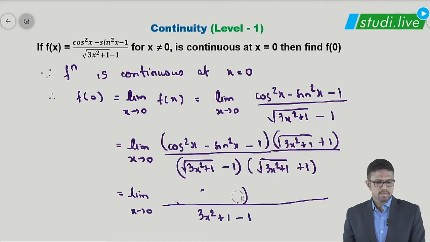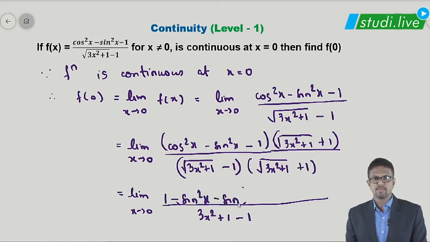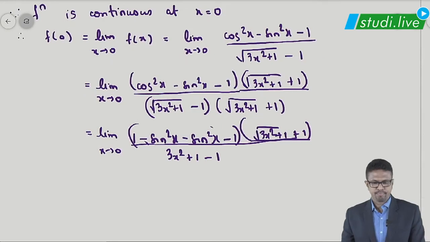So instead of writing cos 2x and then again getting sin square, let us write it as 1 minus sin square x, minus sin square x, minus 1, and this is root of 3x square plus 1 plus 1.